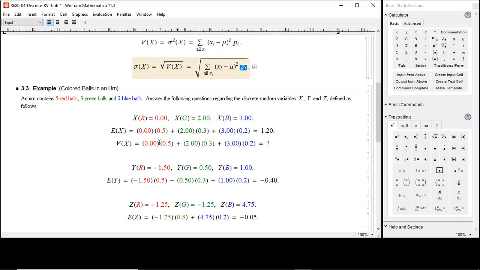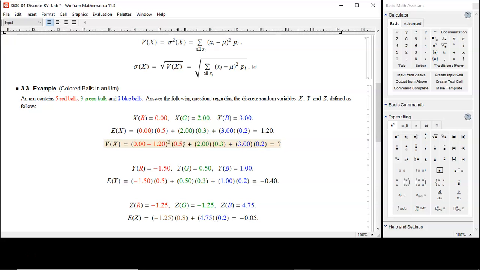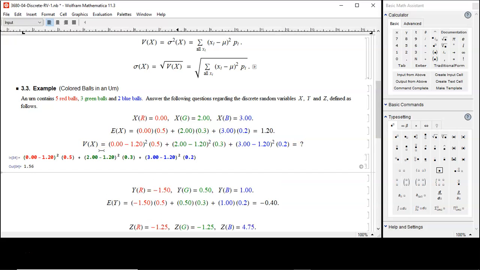And here I want x1 minus mu squared, x2 minus mu squared. Remember, mu is the expected value. x3 minus mu squared. And that's it. So I ended up with 1.56.